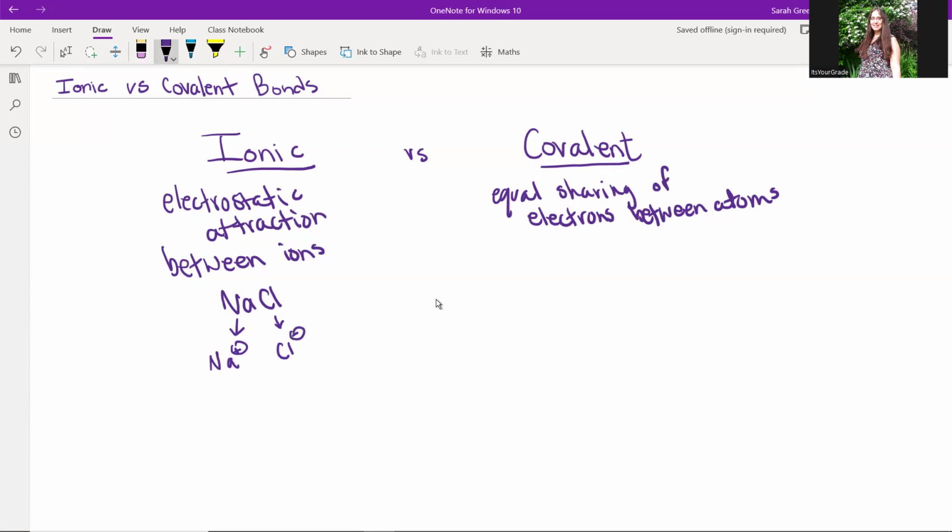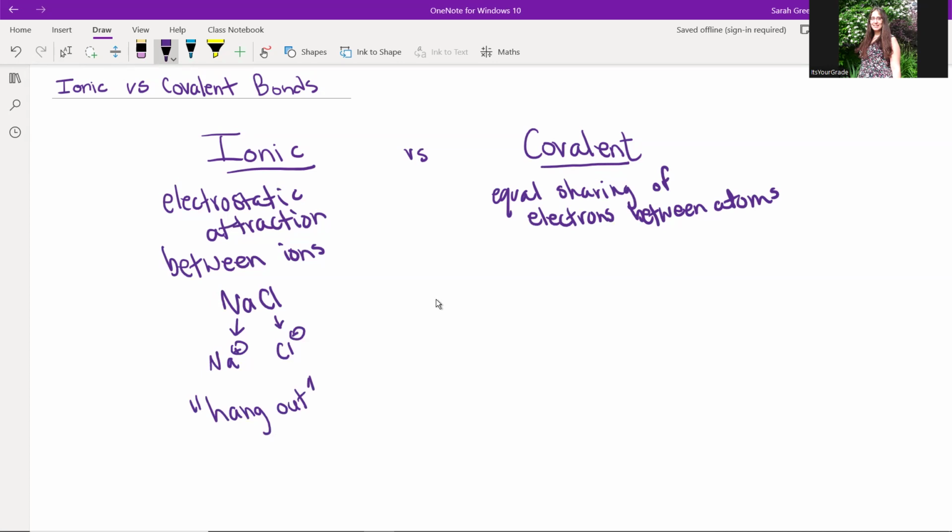So we have a sodium plus ion and a chloride -1 ion. And these ions sort of just hang out together in some sort of crystal lattice. There are other examples of ionic compounds, and we'll learn more about those in later videos.